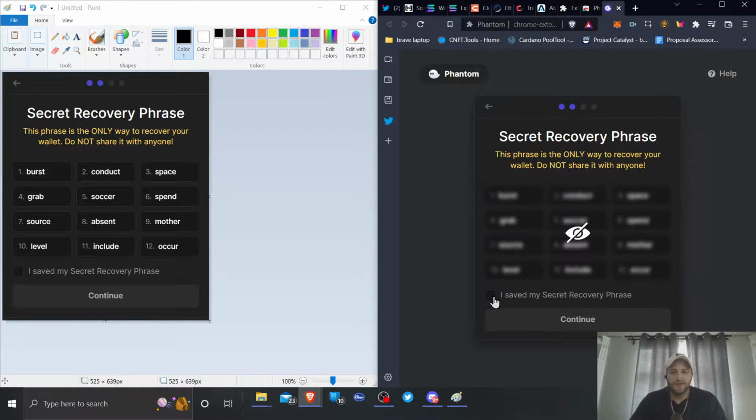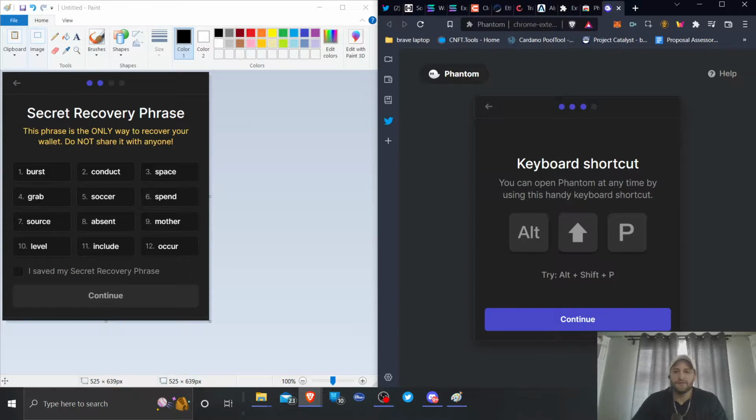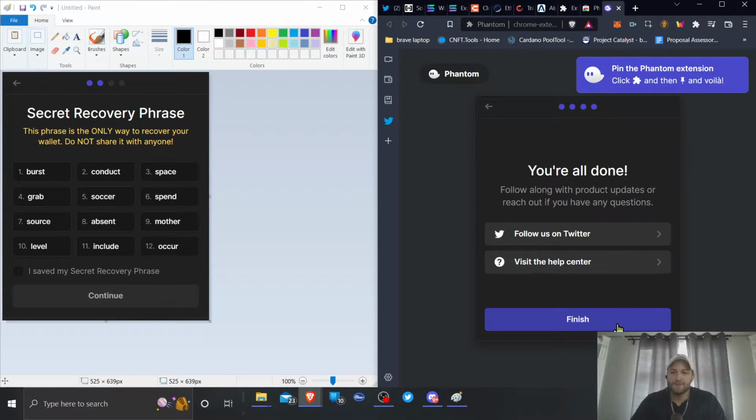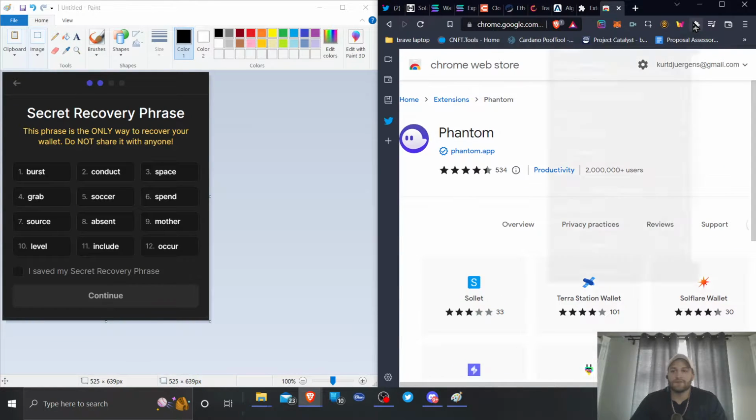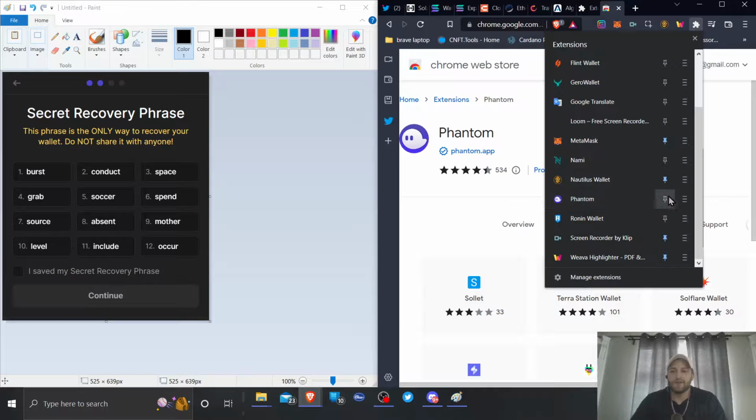And we'll say I saved it. Sure. Continue. You can open Phantom at any time using this handy keyboard shortcut. Okay, thank you. All right, so let's go ahead and open it up now.